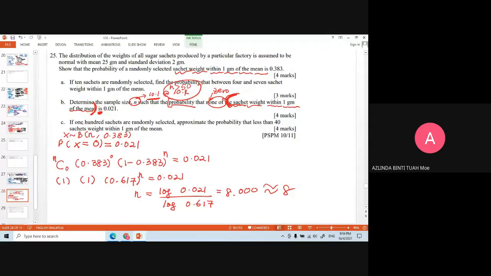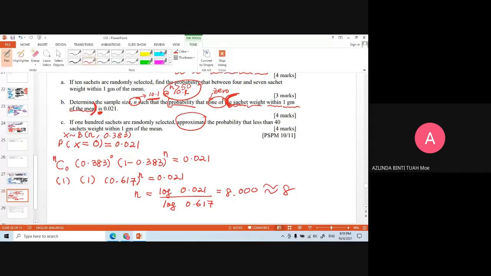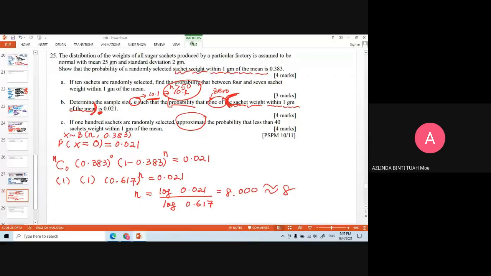Okay, last one. If 100 sachet are randomly selected, approximate, dia nampak perkataan approximate, tak ada lain dah, dia dah masuk 10.4. Okay, N equals to 100, tulis dulu notation untuk binomial 100. Tengok event dia sama tak lagi dengan soalan sebelum. Dia sama. Sachet weight within 1 gram of the mean.